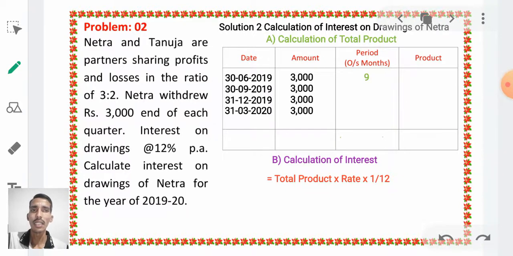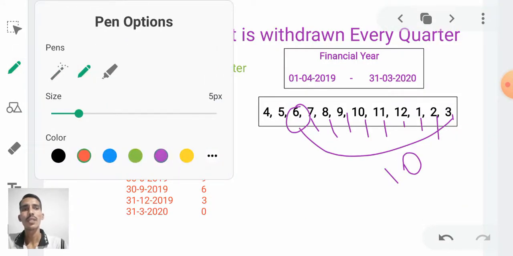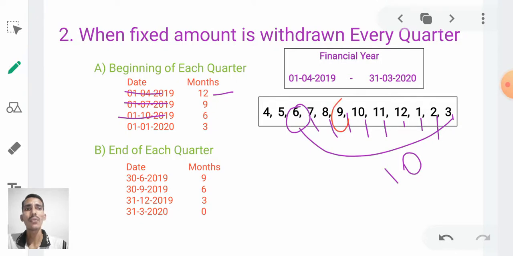Is it clear? Next, the second amount she has withdrawn after 3 months, means in the month of 9th, right. Just see here 9th month, from the 9th month we have to calculate. But we won't take the 9th month. Why? Because she has withdrawn the second amount at the end of the 9th month, right.